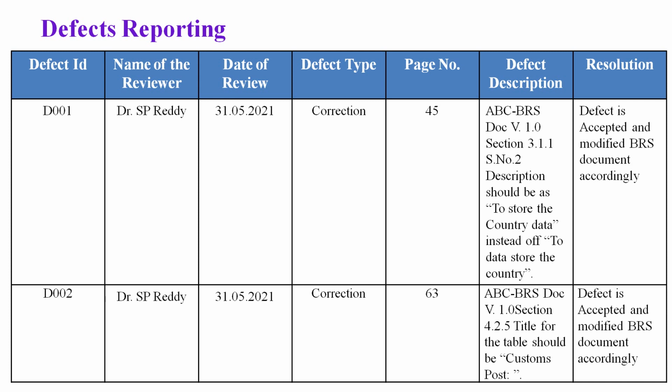And here is the defect description. Here ABC refers to the name of the project. So in this project, in the BRS document version 1.0, under section 3.1.1, in serial number 2, the description should be "to store the country data" instead of "to data store the country."